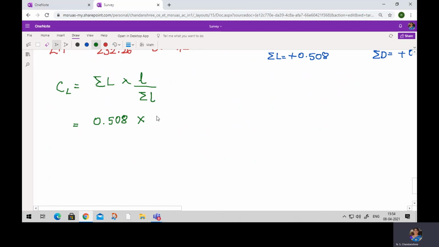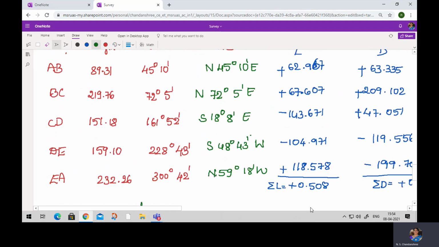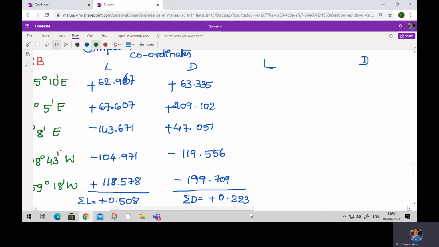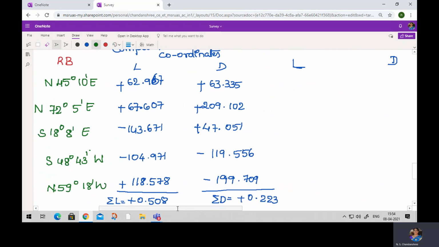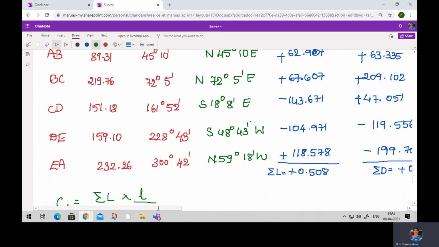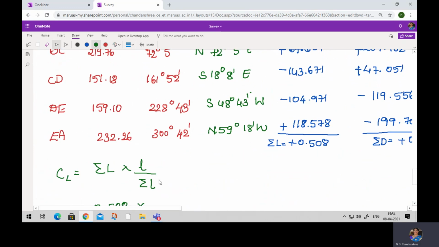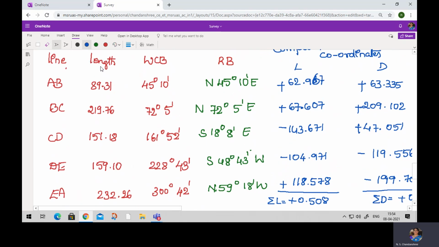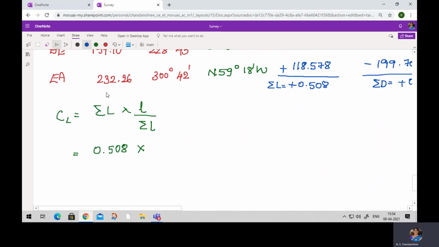We have to find the correction for latitude and departure for each line. For the first line AB, the length of the line is 89.31.